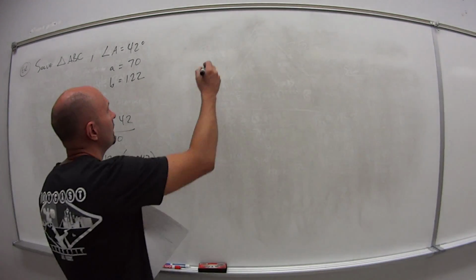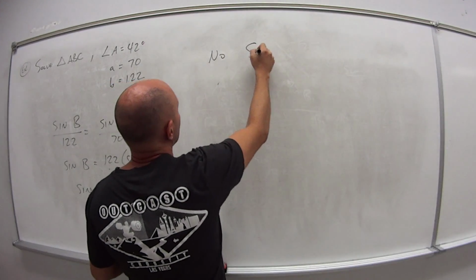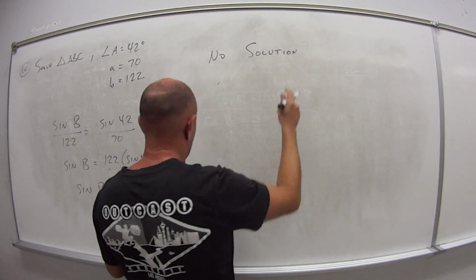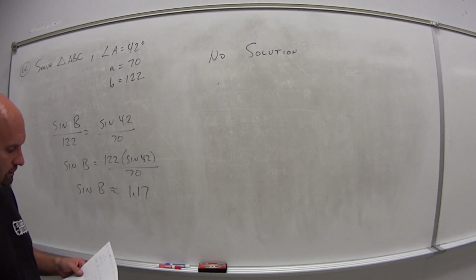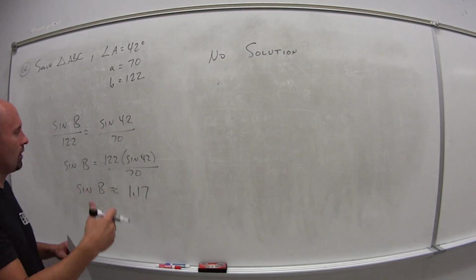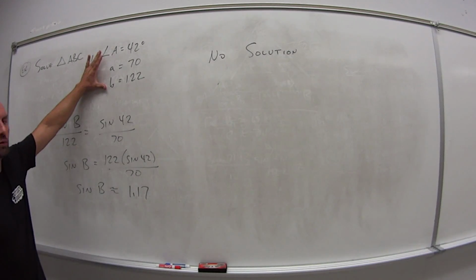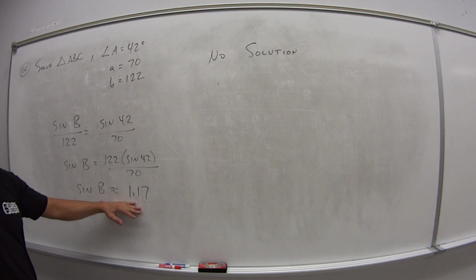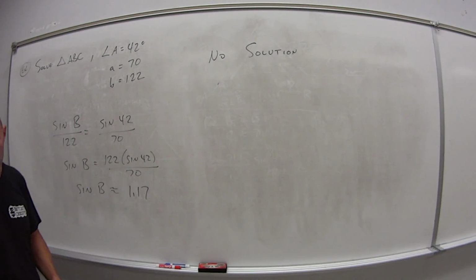So that tells us what? It tells us that there is no solution. So essentially, we could not draw a triangle that had these three pieces of information as being true. If we get to a point where we get our error message, it just means there's no solution for that triangle.